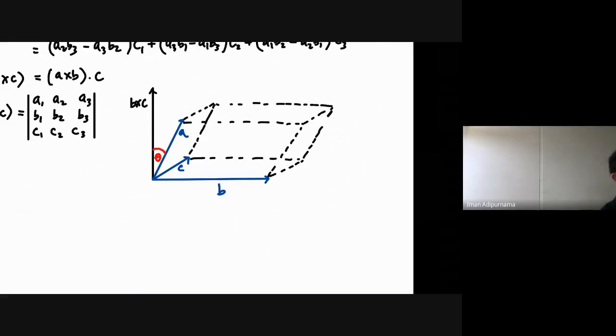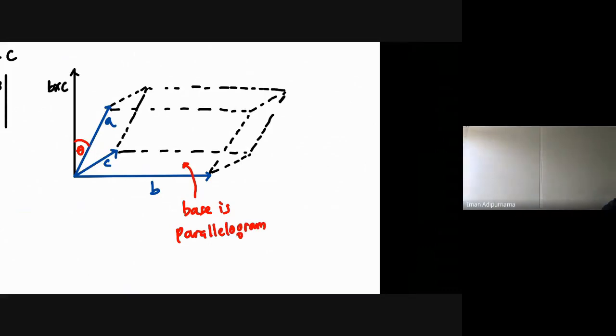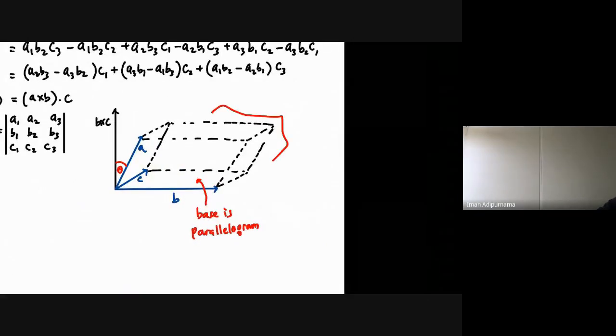So if you see the base, it's the same as the parallelogram. The base is a parallelogram, but the whole shape is called a parallelepiped.